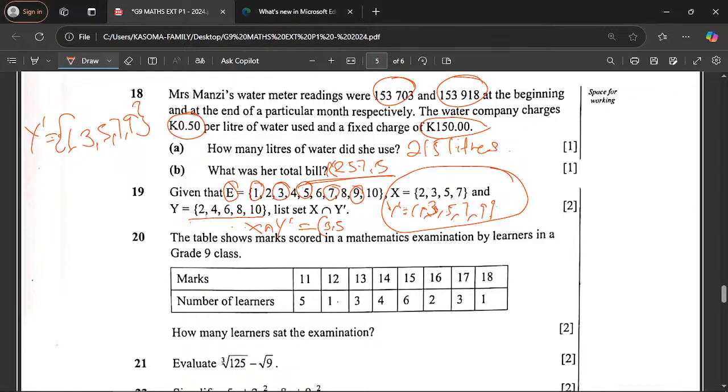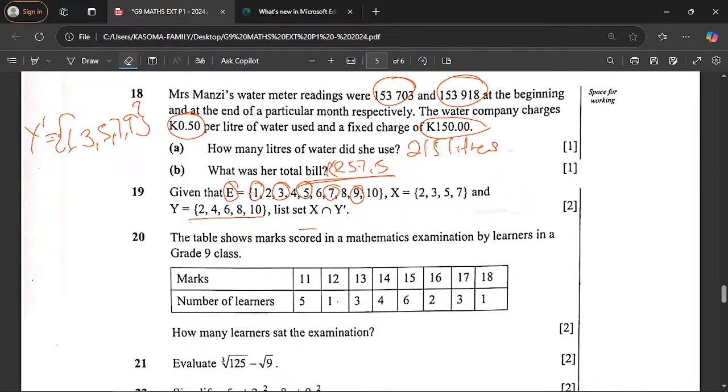Yes. So I also write 7. 9, no. So this is the X intersection Y complement. All right. So if you have got questions, please you can ask.